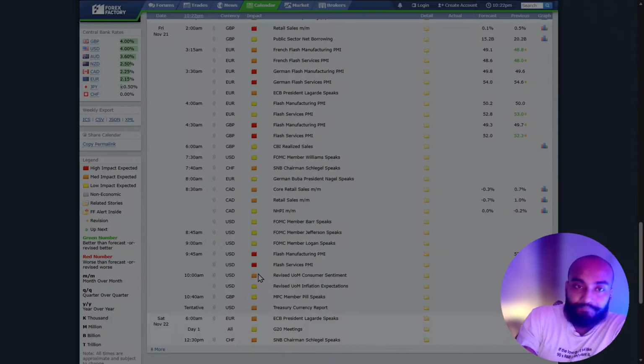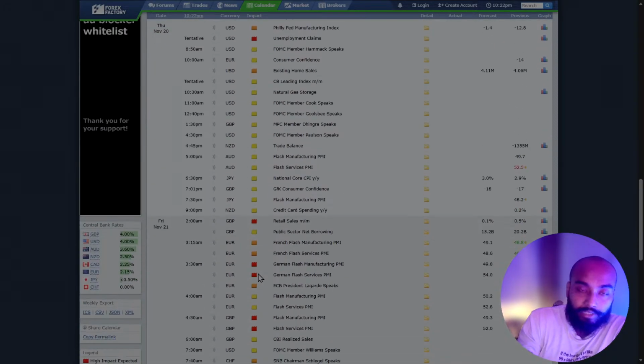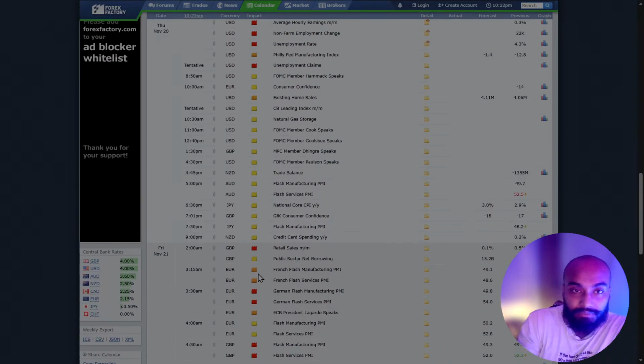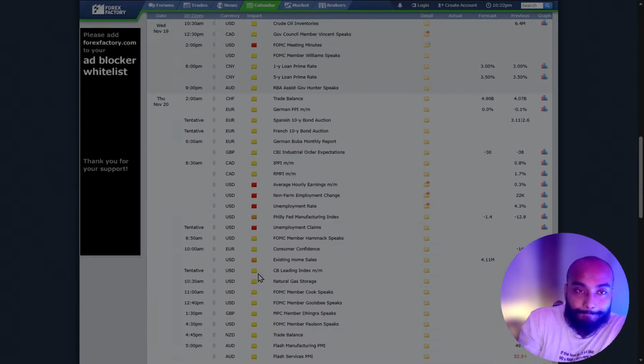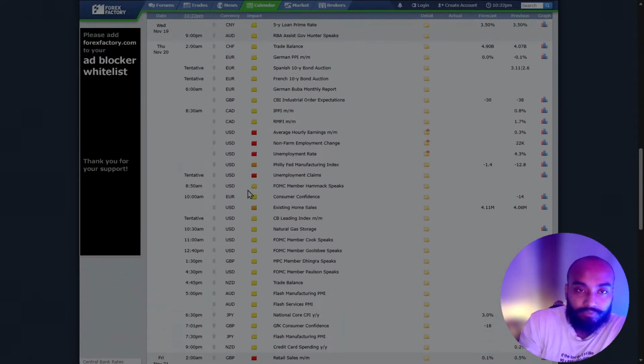So don't trade from Wednesday to Friday on USD pairs or GBP pairs. You can trade GBP pairs on Thursday because it has less volatility and no news on that day.